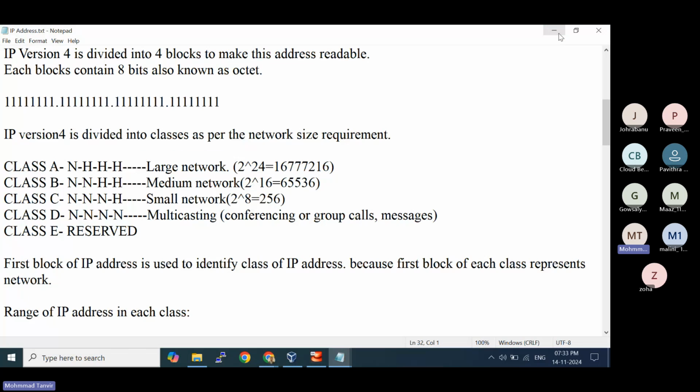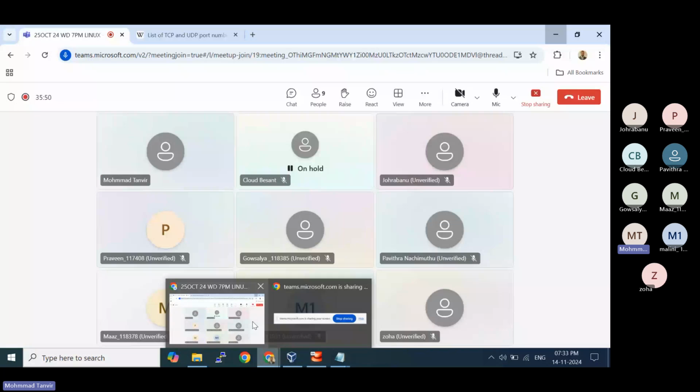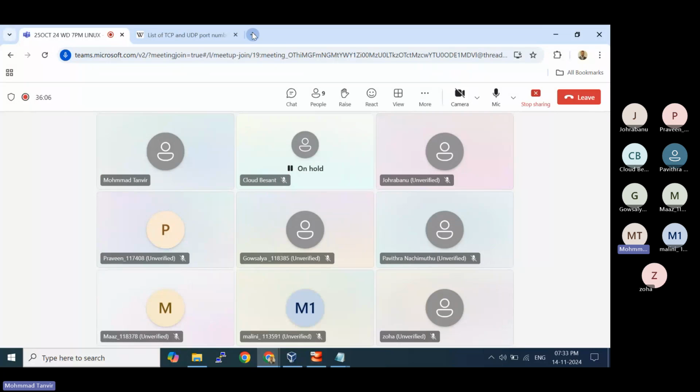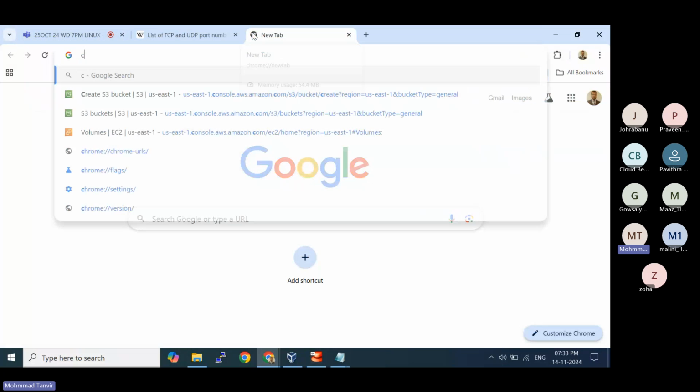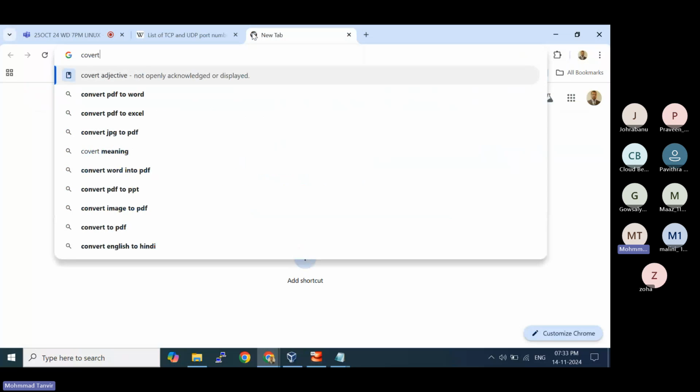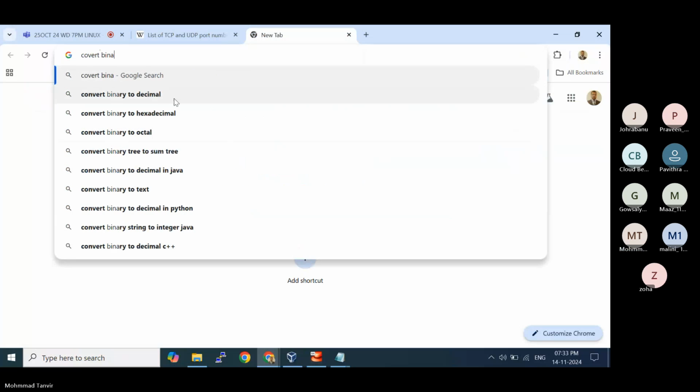So IP version 4 is of 32-bit in length and represented in decimal number system. So as we know, it is of 32 bits in binary, and let us convert it, binary to decimal.